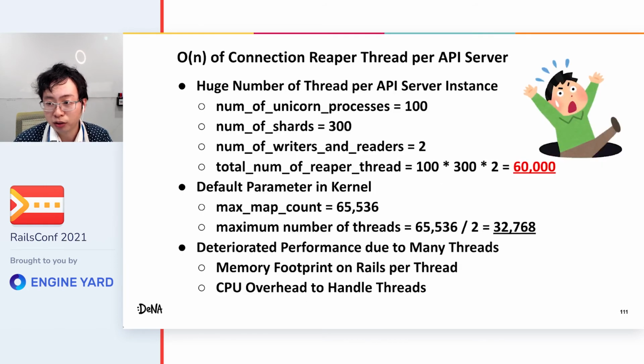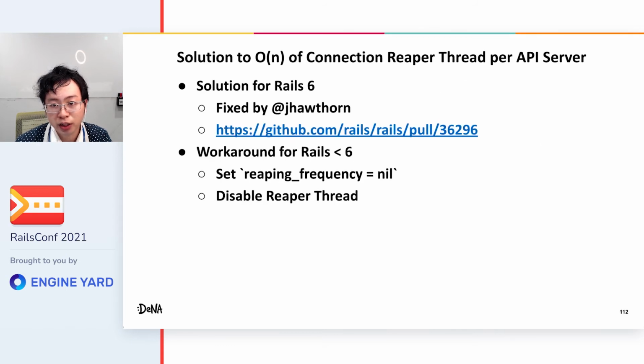This actually exceeds the default parameter in the kernel, and also we can see the deteriorated performance due to many threads. Actually, in Rails 6, this is already fixed. And if we are using Rails under 6, you can set the reaping frequency to nil and disable the reaper thread.